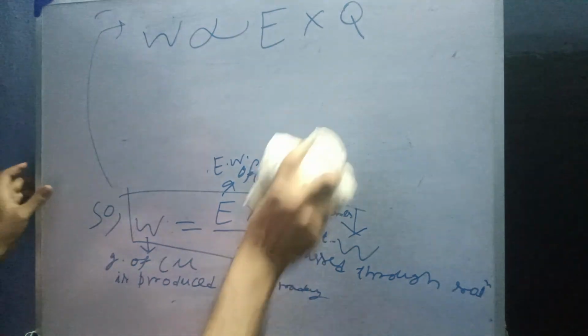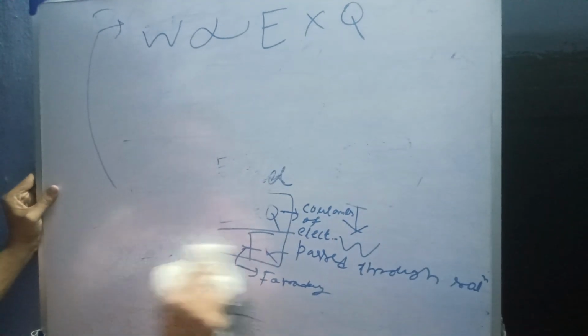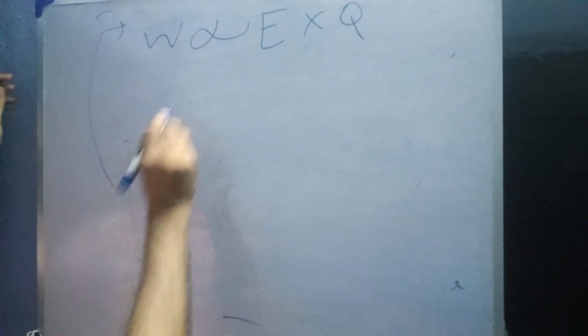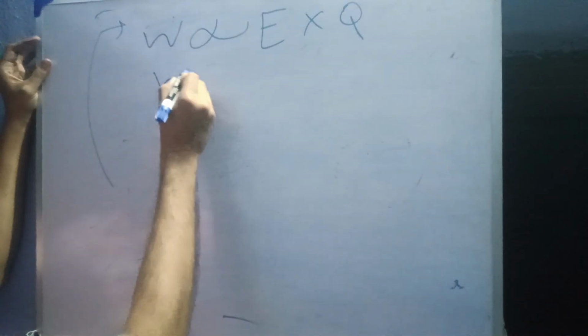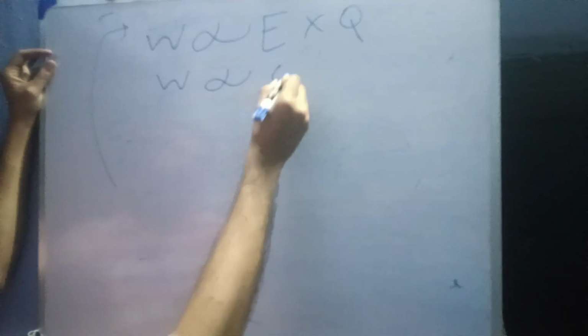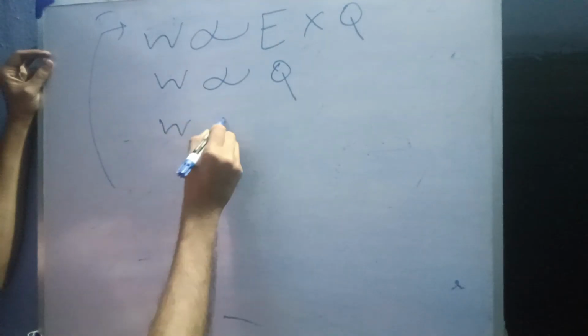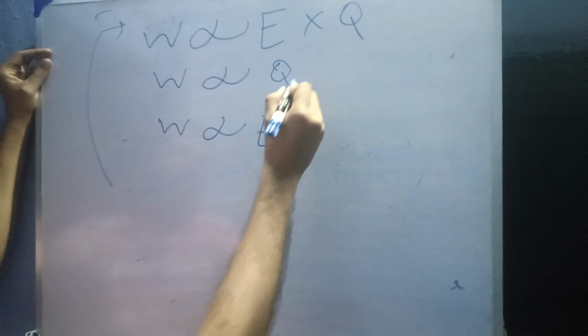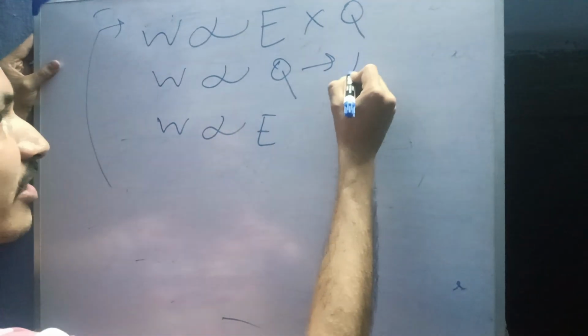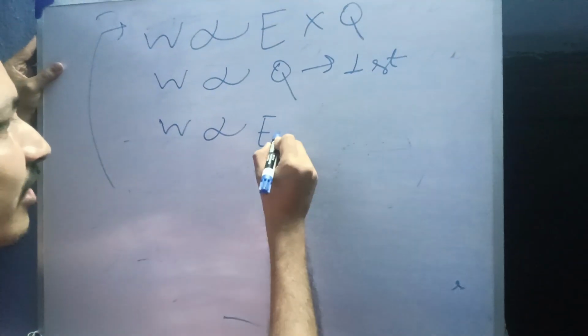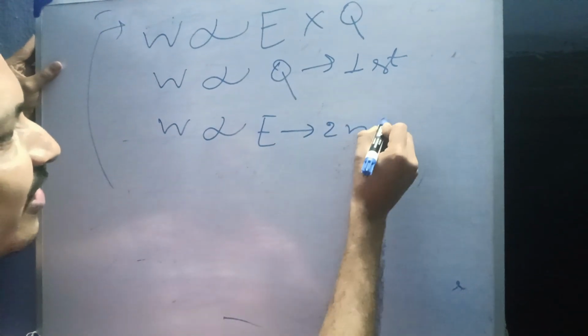From here we can say two things, that W is proportional to Q and W is proportional to E. It will give Faraday's first law and it will give Faraday's second law.